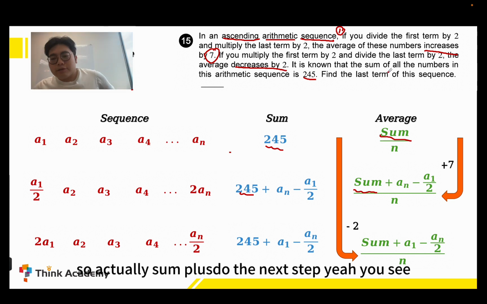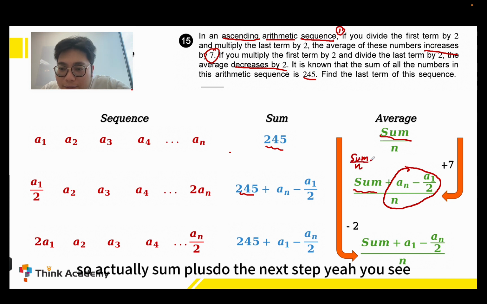So let's figure out where this 2 and 7 come from. Plus 7 means the plus part here. So which part is actually 7? This part: I can separate it as sum over n plus AN minus A1 over 2, then over n.